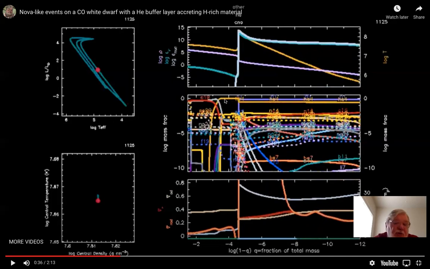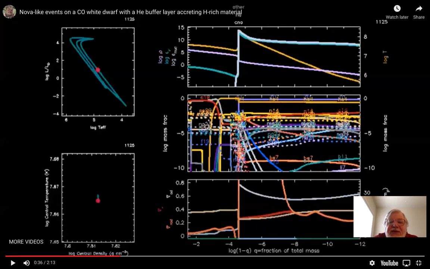It's always left. And before this helium-rich buffer layer is erased, we will not have true carbon-oxygen nova explosions. But the very fact that we do see carbon-oxygen nova explosions means that this helium-rich buffer layer is erased eventually, probably by mixing and by explosions.